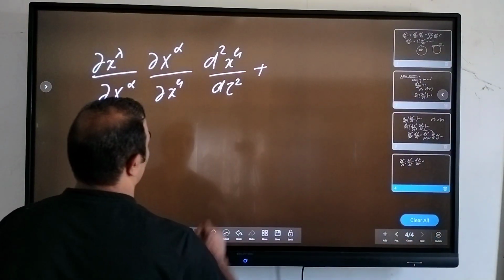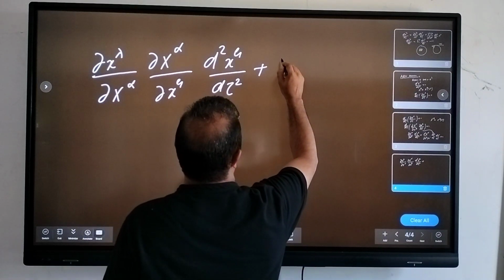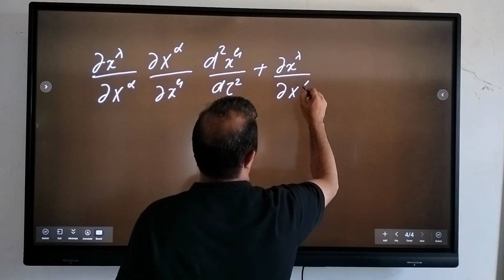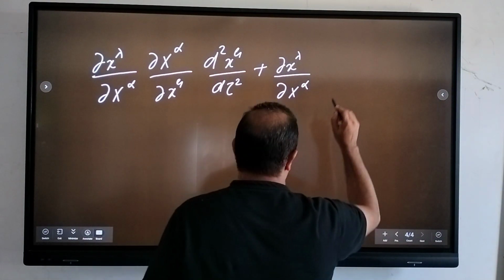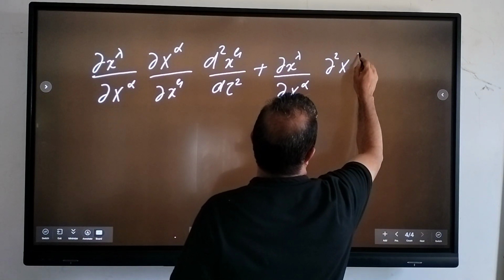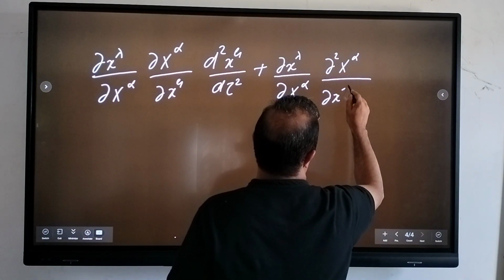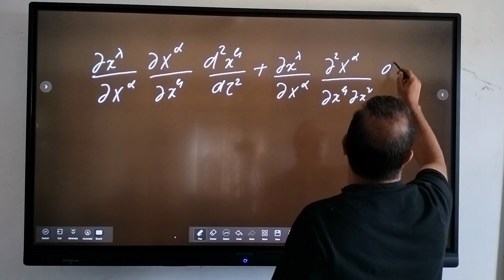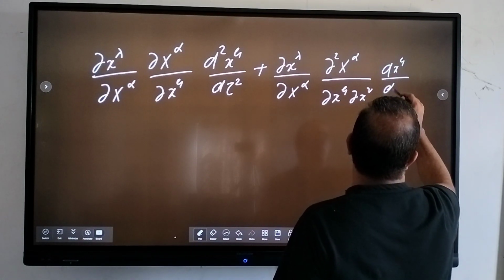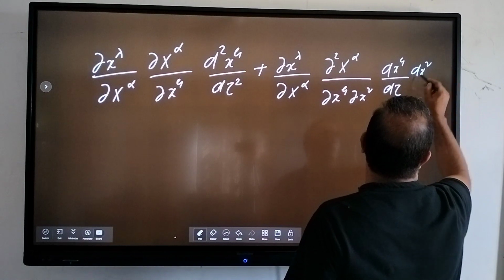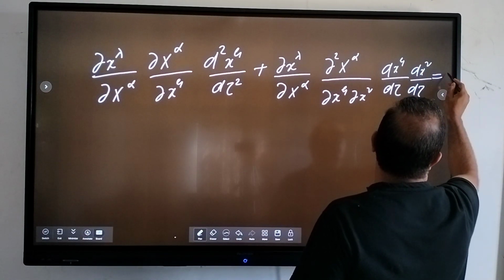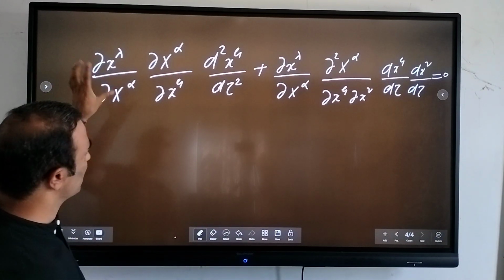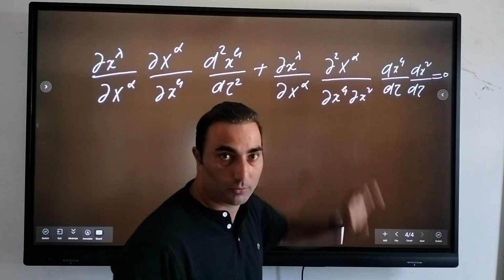So I get the first term, and the second term will be partial x lambda, x alpha, and then that's equal to 0. So this is very clear. Here I simply multiplied by partial x lambda by partial x alpha to the first term and to the second term. So why am I doing this?